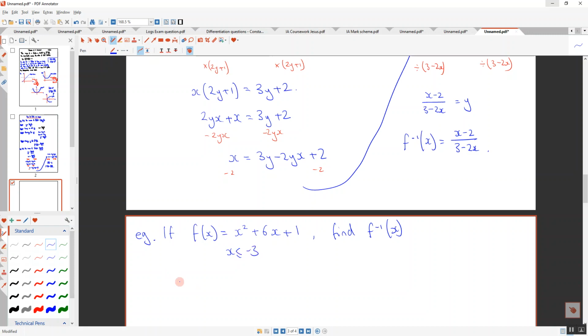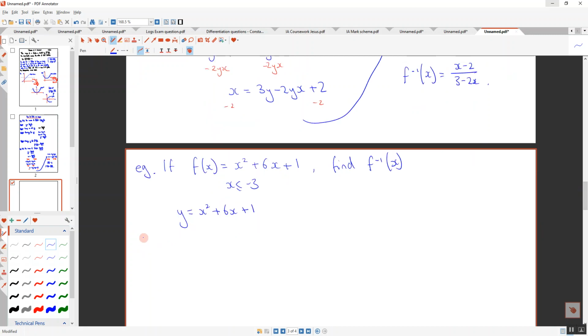Okay, so our first step, we let f of x equal y. So I've got y equals x squared plus 6x plus 1. Then I swap my x's and y's.